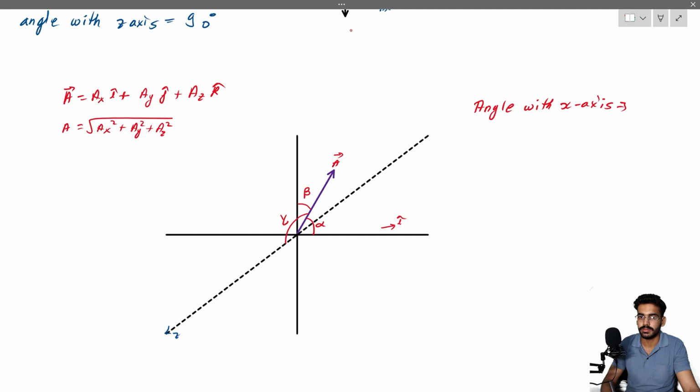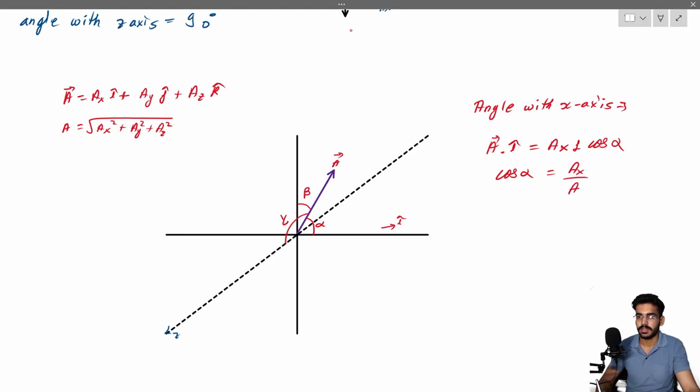So you find out the angle between a vector and i cap, that is only the alpha, right? So I can write a vector dot i cap is equal to magnitude of a into magnitude of i cap, that is 1, into cos of alpha, right? So from here cos alpha, what is a vector dot i cap? ax, right? This is ax by a, right?